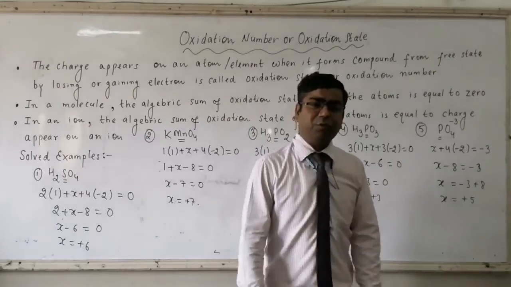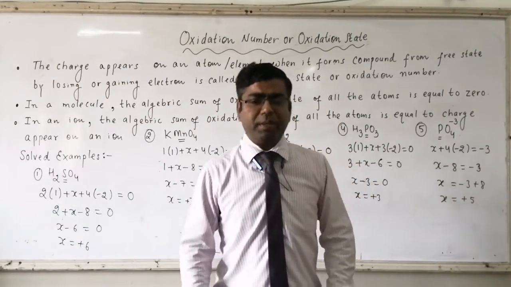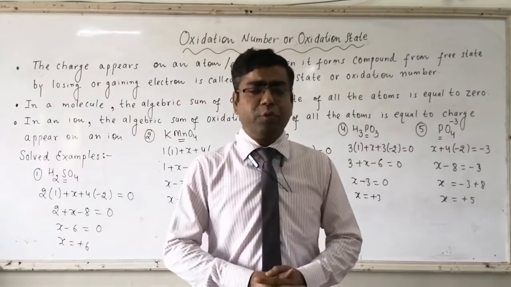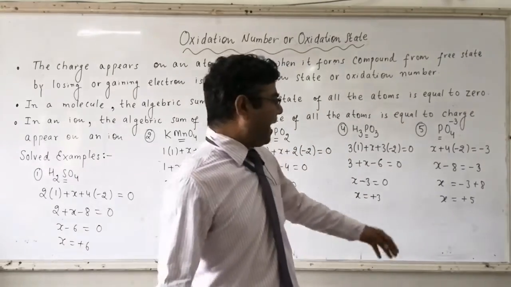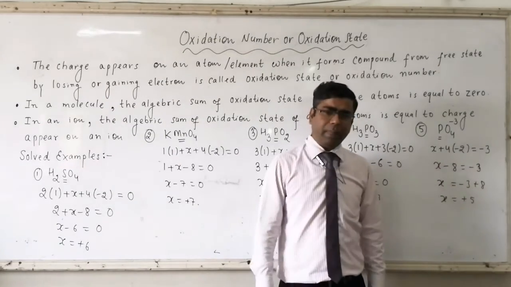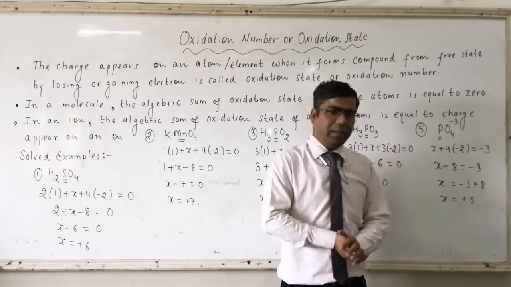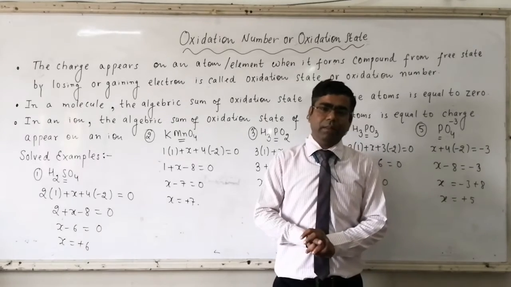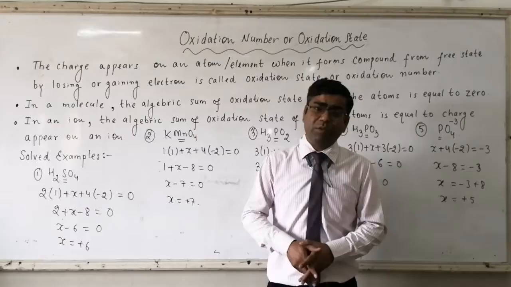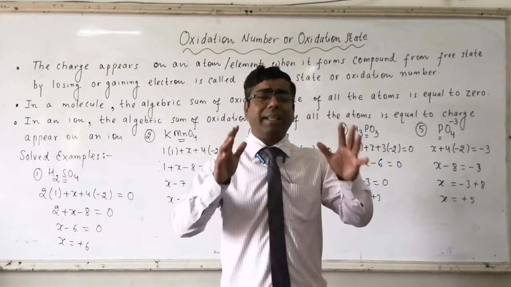Now, the fifth one, that is phosphate ion. The symbolic representation for phosphate ion is PO4 minus 3. And here also we have to calculate for the phosphorus atom. So put x for phosphorus plus 4 into minus 2 for oxygen. Now, because it is an ion having negative charge, the algebraic sum of the oxidation states of all the atoms will be equal to the charge on that ion.